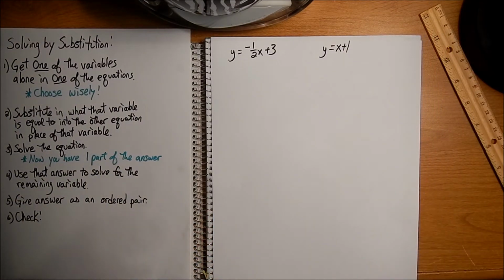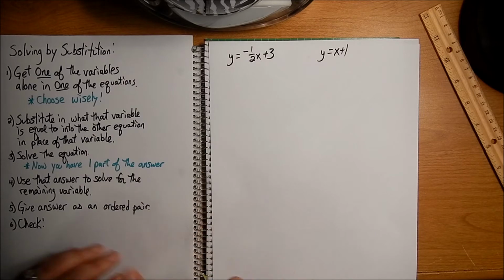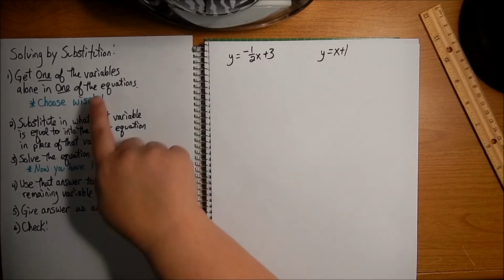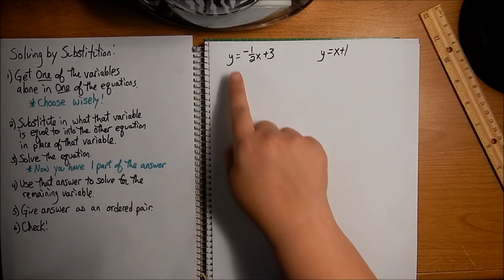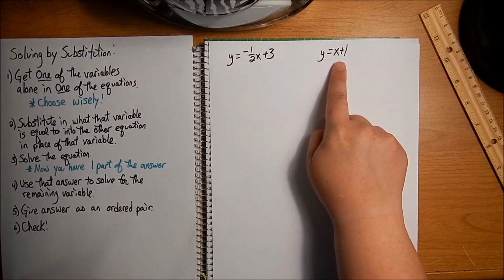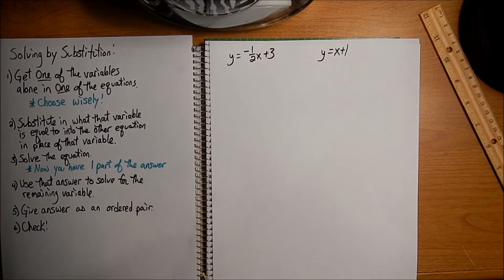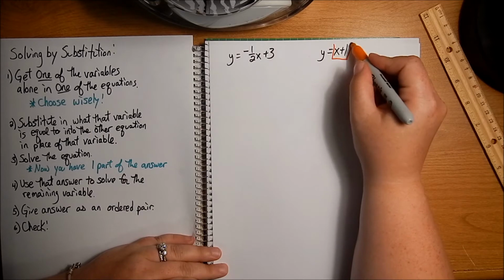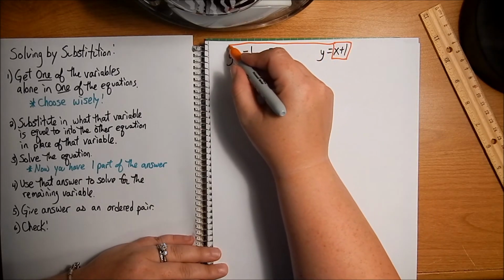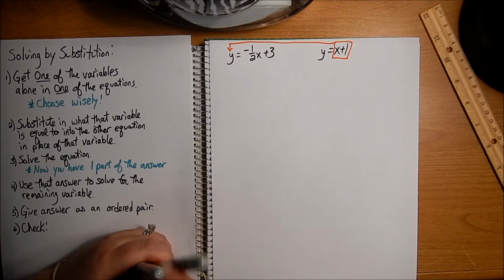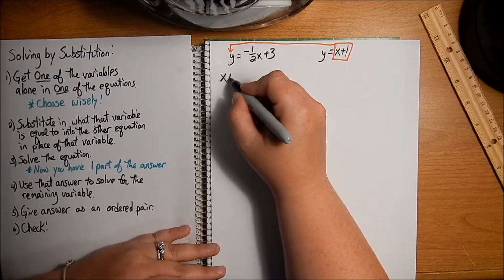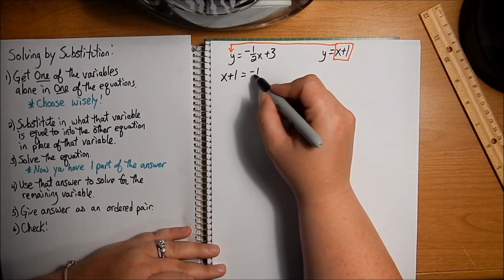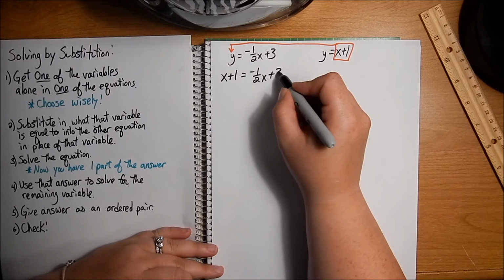So I know about what it should be, but let's go ahead and solve this using substitution. Get one of the variables alone in one of the equations. I have that in both. Why don't I just take x plus 1 and plug it in for y over here. So I'm really going to do x plus 1 equals -1/2 x plus 3.